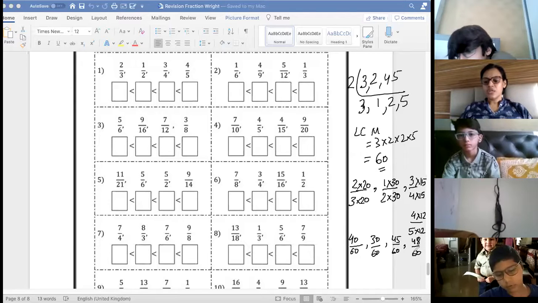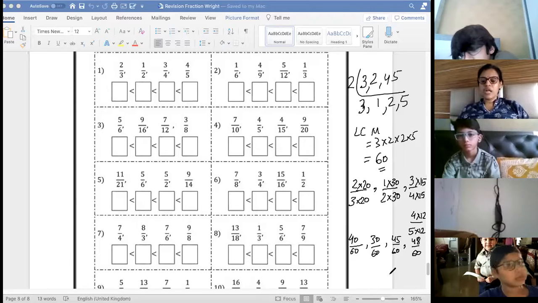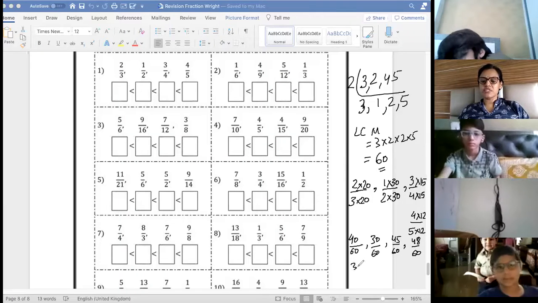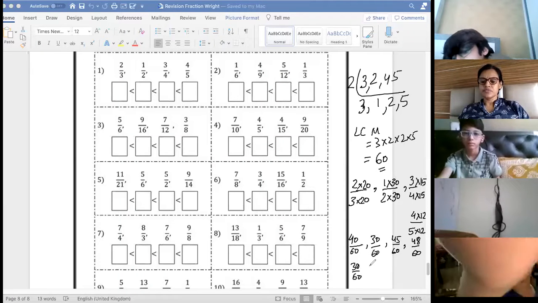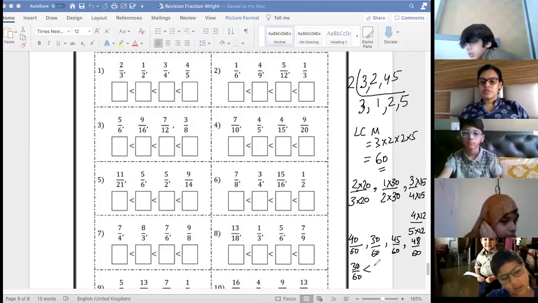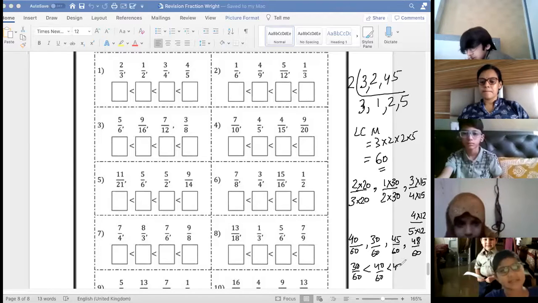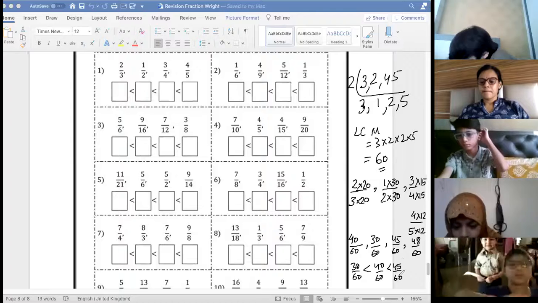Now arrange it in increasing order. Which one is smallest? 30 by 60, then 40 by 60, then 45 by 60, and 48 by 60.